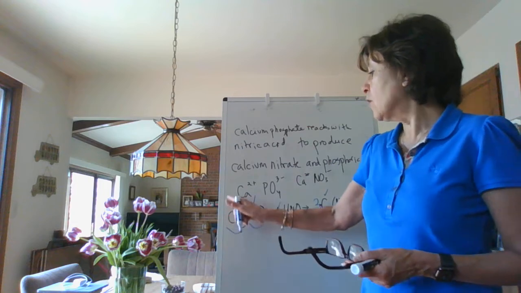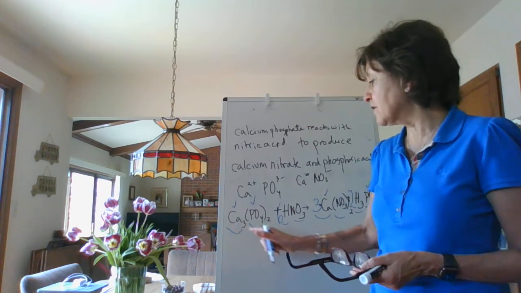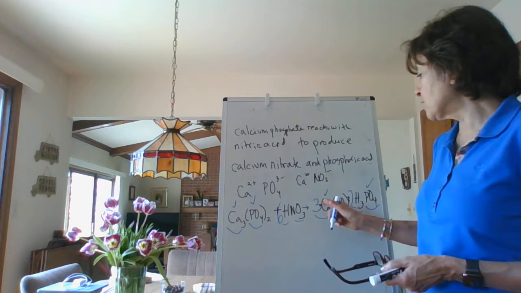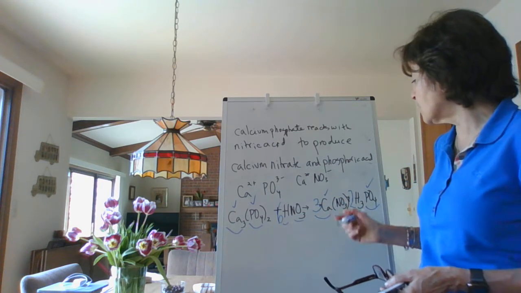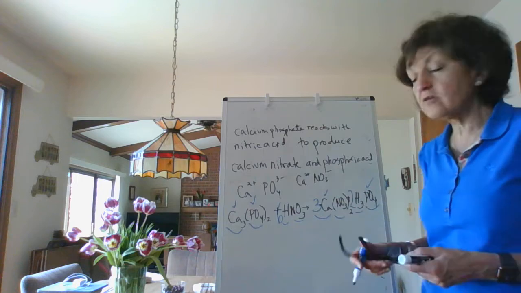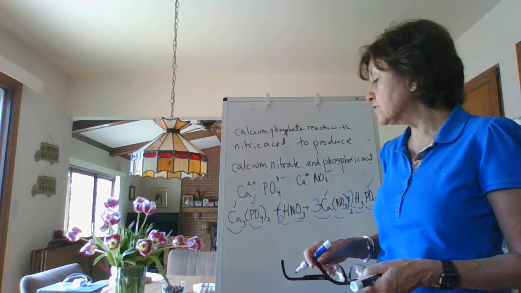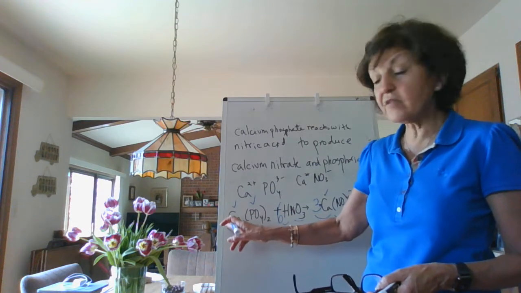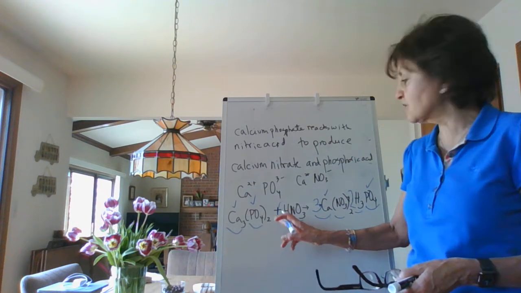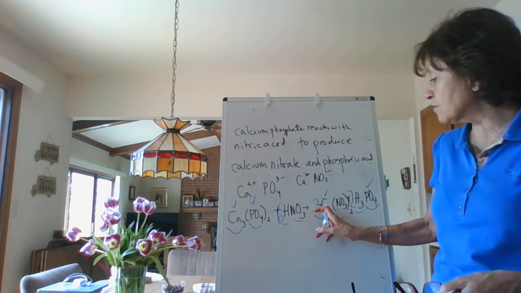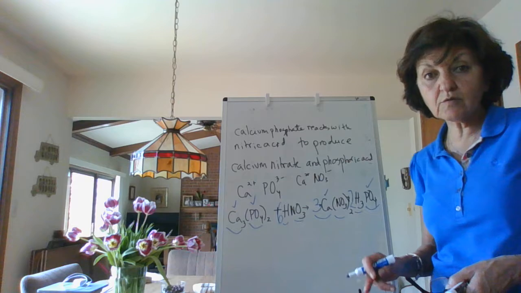But this could say 1 formula unit of calcium phosphate reacts with 6 molecules of nitric acid to produce 3 formula units of calcium nitrate and 2 molecules of phosphoric acid. Or as in when we get into chapter 3, 1 mole of this will react with 6 moles of this to produce 3 moles of this and 2 moles of this.